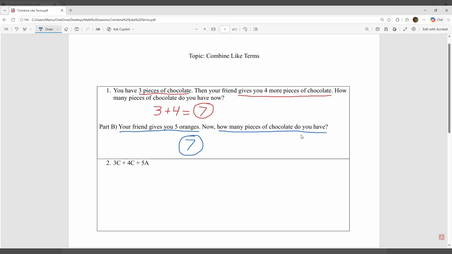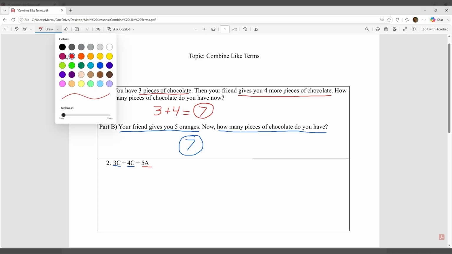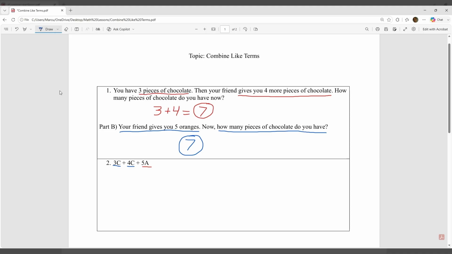When it comes to math, it's not any different, right? So when you're combining like terms, the same way that you can only combine chocolate with chocolate, apples with apples, you can combine C with C and A with A. So in this case, 3C and 4C, if you combine them, 3 plus 4 makes 7.